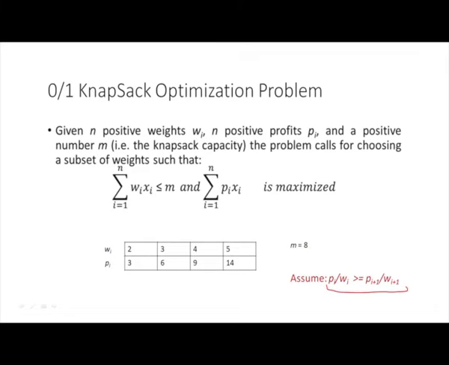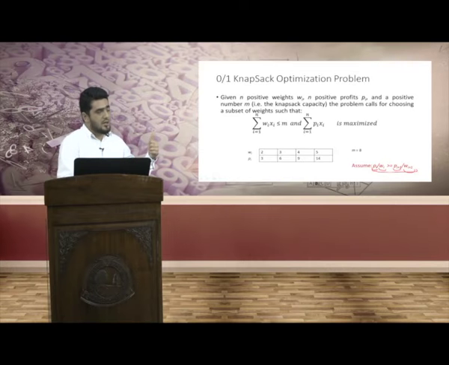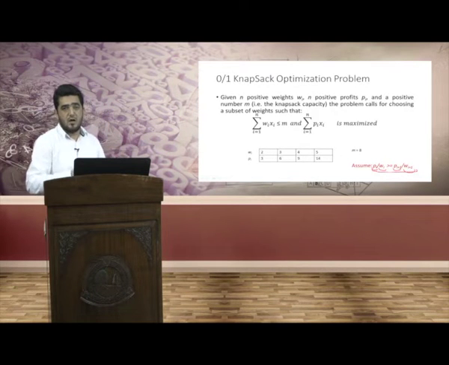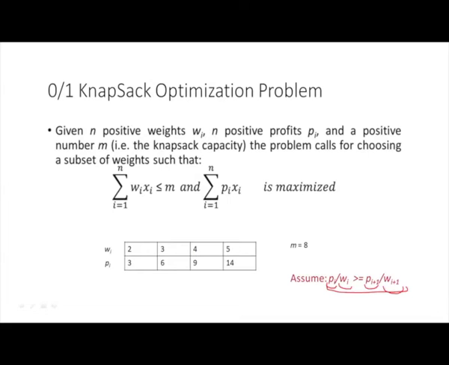So it's important that we order our items such that item number 1's profit divided by its weight is greater than or equal to item number 2's profit divided by its weight. We need to sort our items such that the associated profits and weights have this relationship.